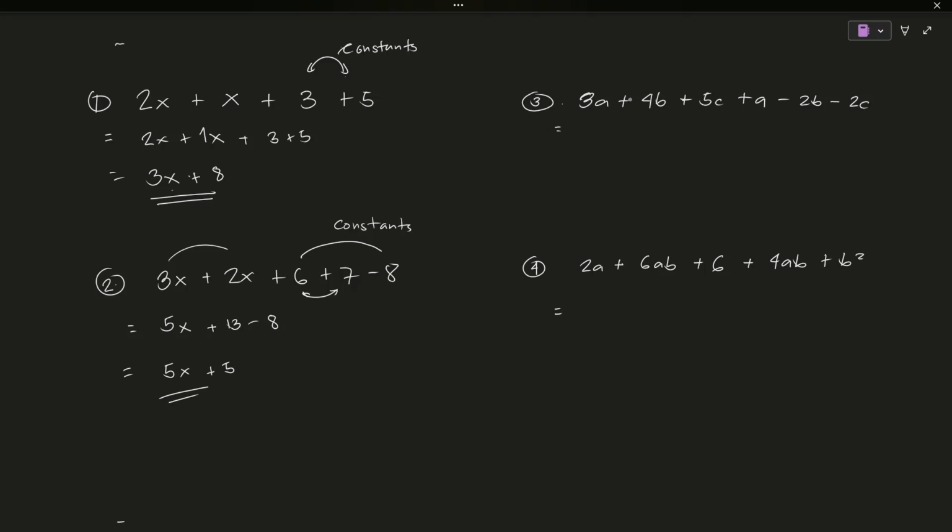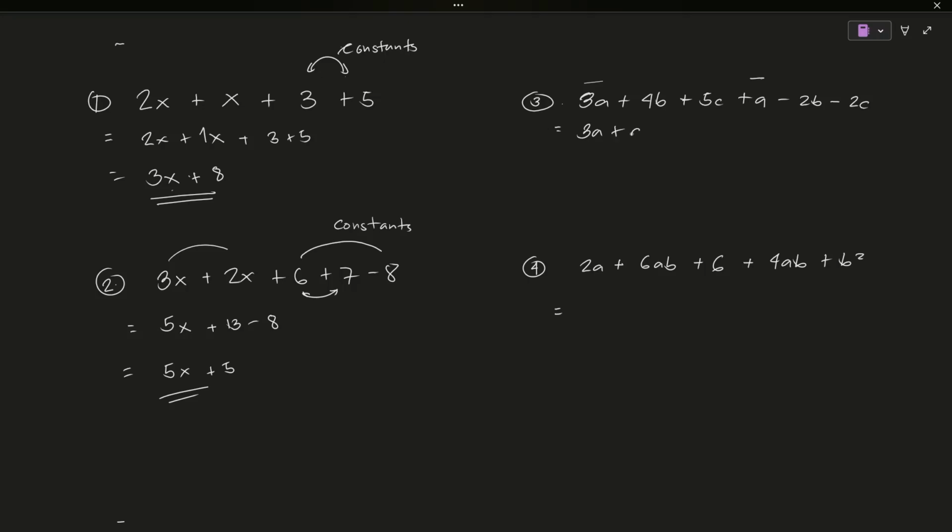For number 3, we have here 3a plus 4b plus 5c plus a minus 2b minus 2c. So again, first step, we must find those same terms. So 3a, the other term that is the same as 3a is this a.